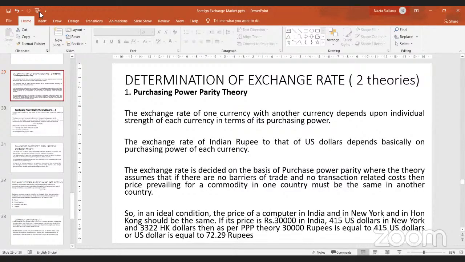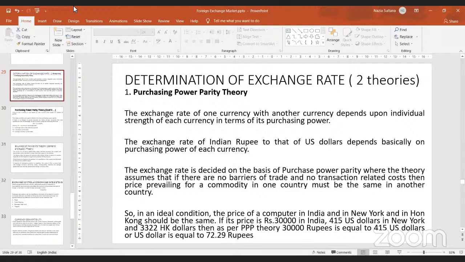It assumes that there are no barriers to trade. Countries of the world are free to trade, and there are also no other transaction costs. So whatever is the price of a commodity prevailing in one country, the price of the commodity should be the same in the other country in their currency terms.